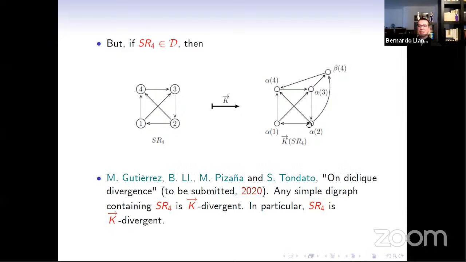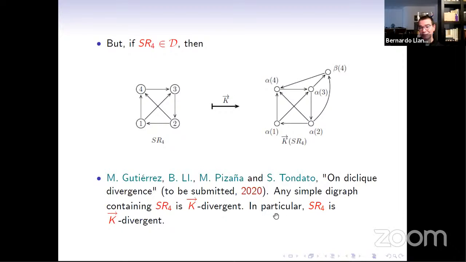The paper is almost ready. It's the second paper on diclique divergence. It will be submitted in some days because we are working on some details of the introduction. We could prove, and the proof is really complicated, that any simple digraph containing as a subdigraph this SR4, this one, is K-divergent.